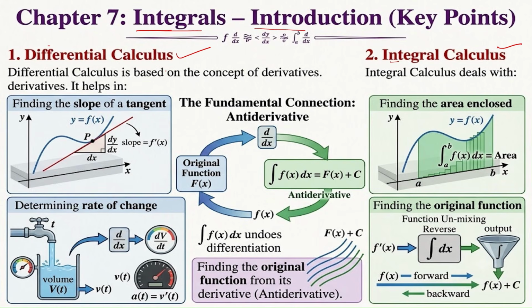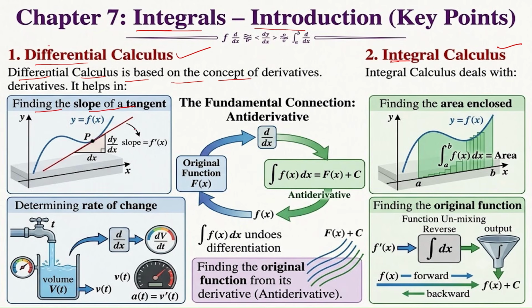First of all, I will relate what differentiation is and what integration is. What are we finding in differentiation, and what are we going to find in integrals? Now, differential calculus, what is the meaning? Differential calculus is based on the concept of derivatives. For example, finding the slope of the tangent.